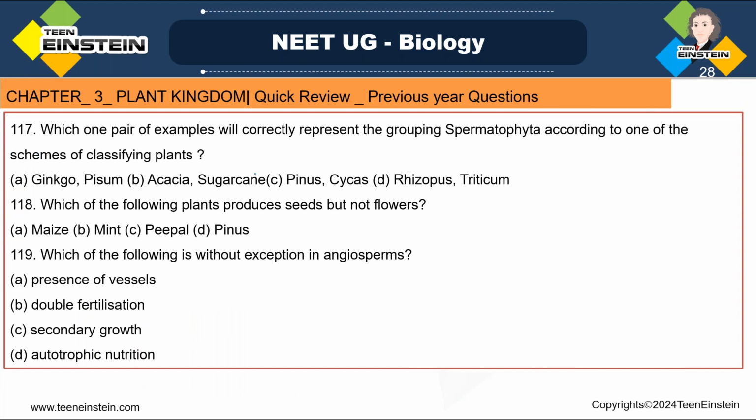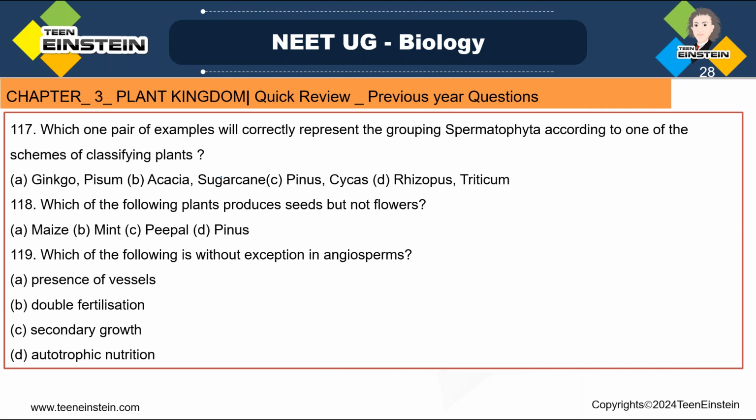Next is, which pair of examples correctly represents the grouping Spermatophyta according to one of the schemes of classifying plants? Spermatophytes are the seed plants, bearing seeds which contain a dormant embryo. That includes gymnosperms and angiosperms.